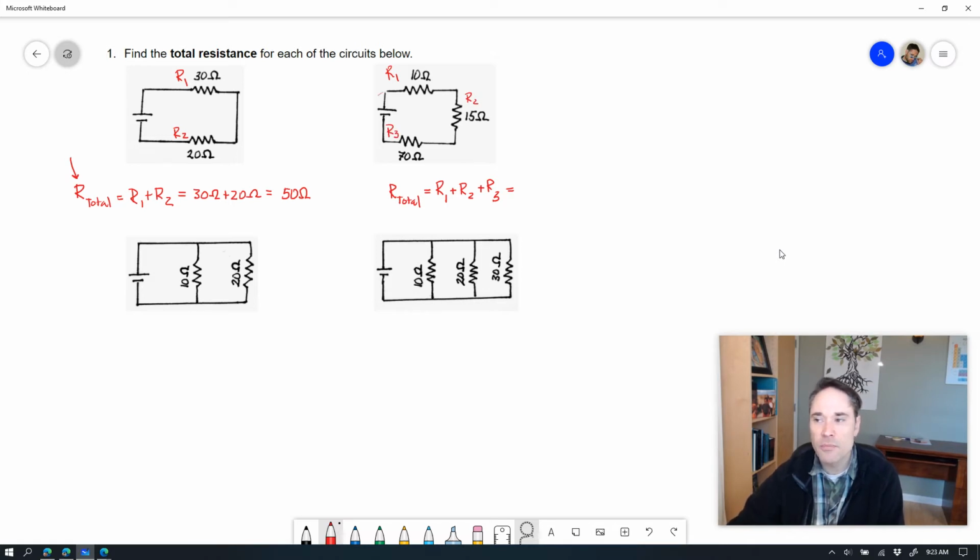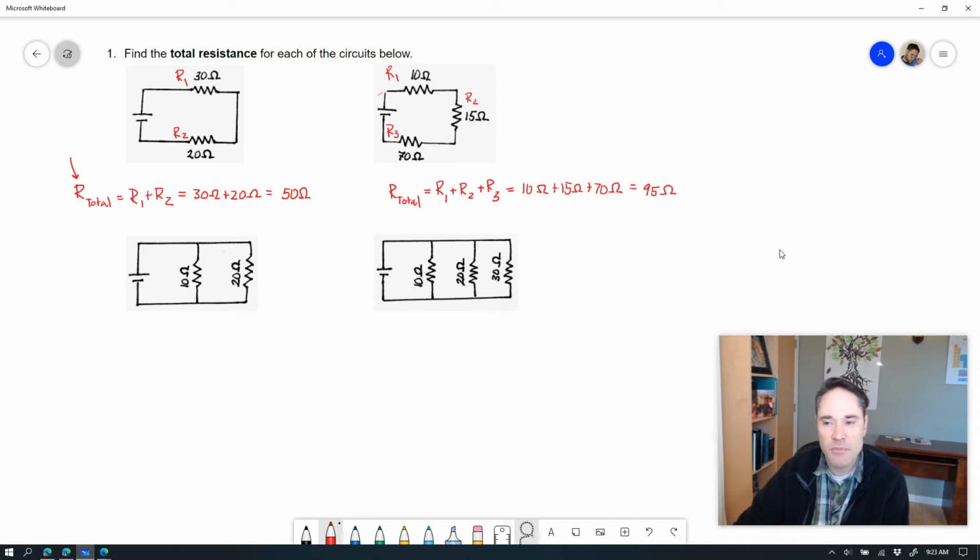And to add those things up, I'm going to do the same as I did before. So I've got 10 ohms plus 15 ohms plus 70 ohms. Once again, writing it all out so I've got clear communication of what I'm doing. 10 plus 15 is 25, plus 70 gives me 95. And my units on this one are ohms. So pretty easy. When it comes to things being in series, it's pretty simple.